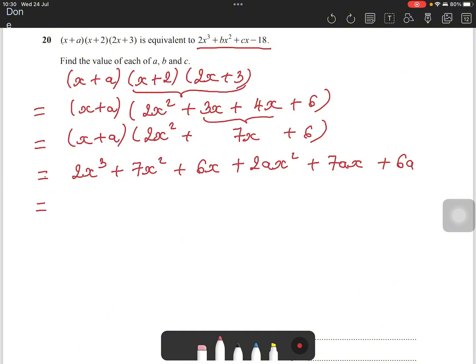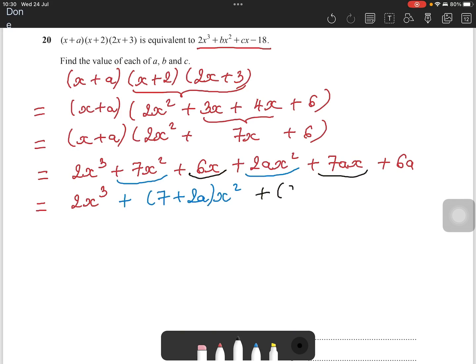Now we'll group them. 2x cubed, and then for the group of x squared we have 7 and 2a, so it is 7 plus 2a x squared. For the group of x, we have 6 and 7a, so we write 6 plus 7a x. Finally, we write 6a again.